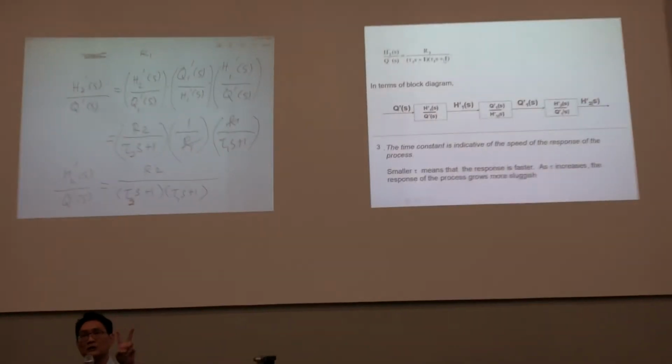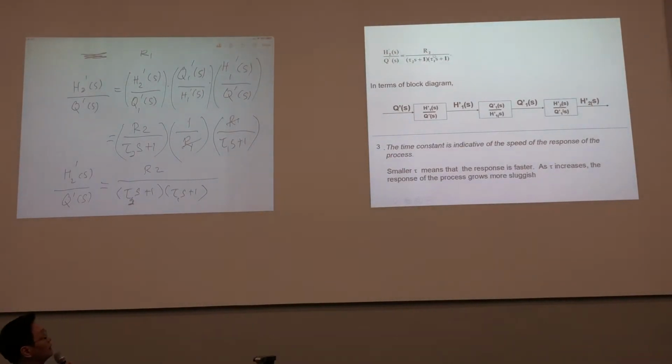So if you have two tanks linked together, the second tank water level height is linked to the input plus R2 and this time constant. R1 does not need to be calculated, alright?